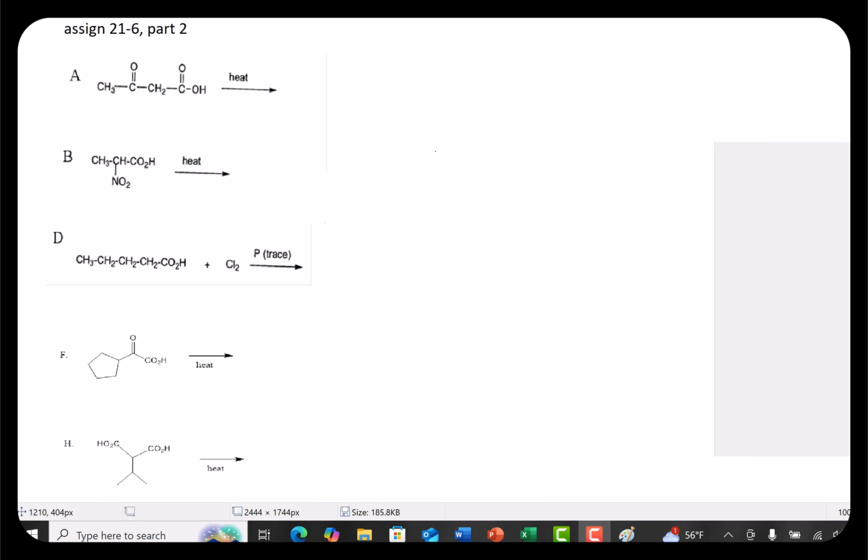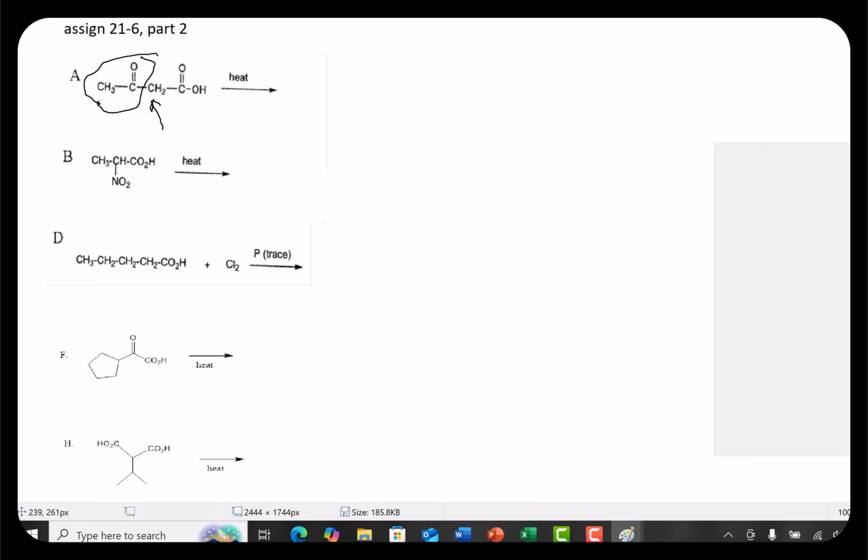This question is not asking for the mechanism, however, but let's take a look here. Reaction A, is it properly set up to do the thermal decarboxylation? Do you have one of the 3 amigo groups attached to the alpha carbon? Well, yes, you do. Here's the alpha carbon. Attached to the alpha carbon, you've got a carbonyl group, one of the amigo groups. So yes, that's going to effect the decarboxylation.